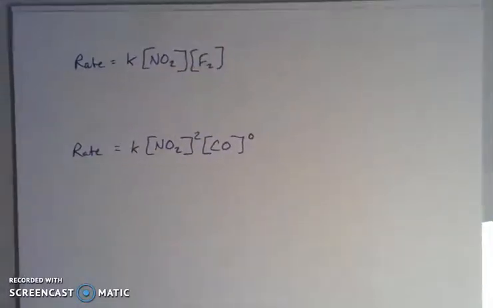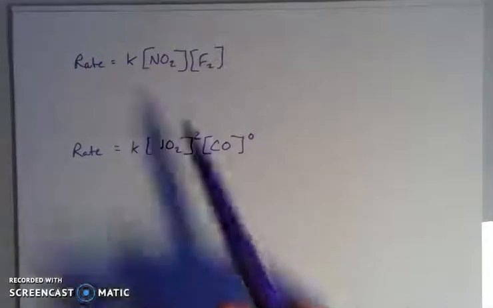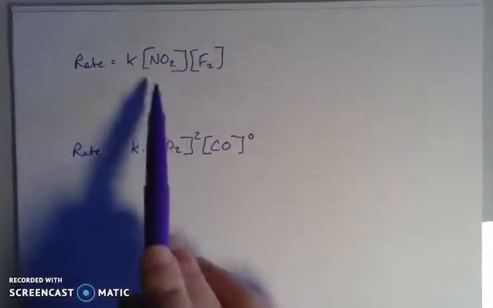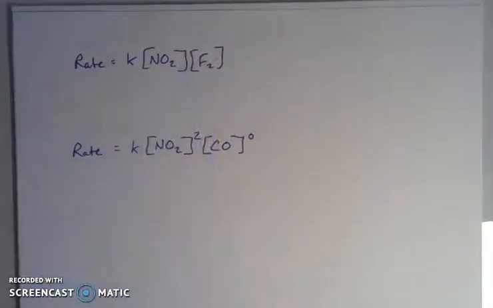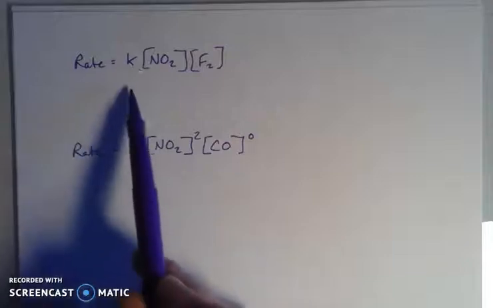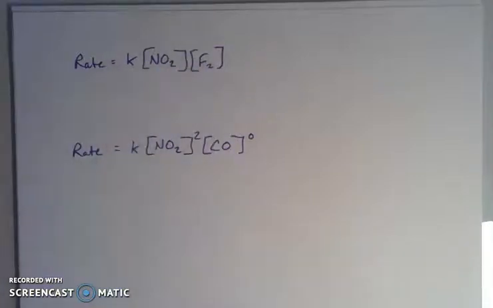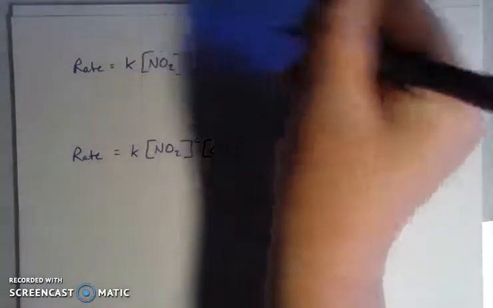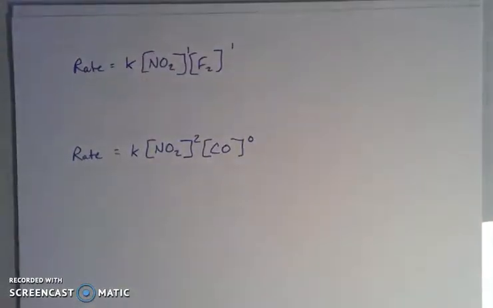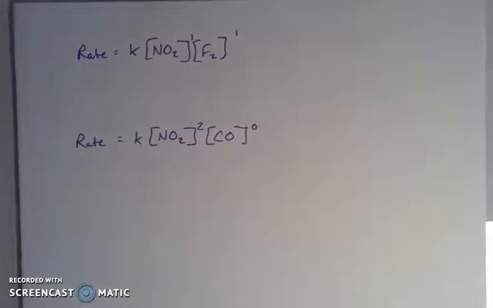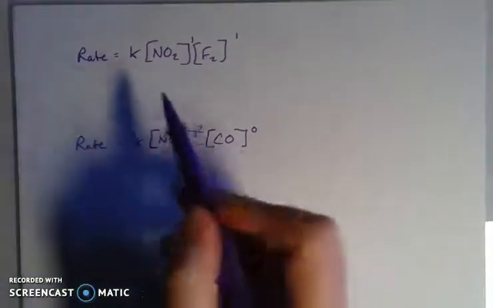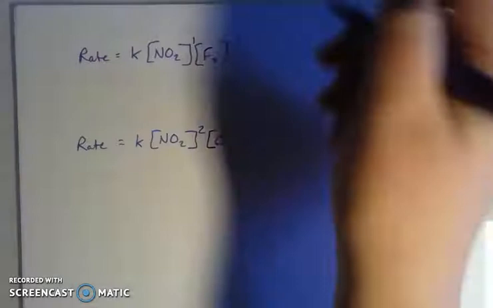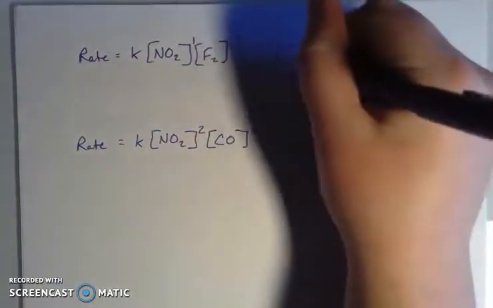So if I have a rate, and it doesn't even matter what the reaction is, with nitrogen dioxide and fluorine as reactants. What this says is if there's no exponent there, then we can think about that as a 1. So if we put the exponent in there, then we would say that this is first order with respect to my NO2.